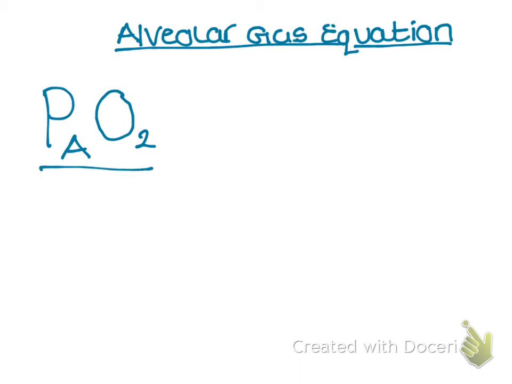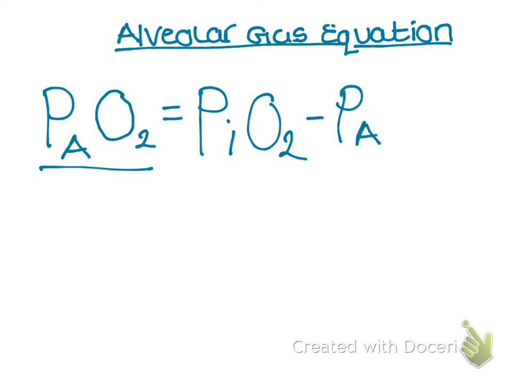Now this represents the partial pressure of oxygen in the alveoli, and it's calculated using PiO2, which is the inspired oxygen partial pressure, minus PaCO2. The capital A is for alveoli, so this is the partial pressure of carbon dioxide in the alveoli, over R. Now R is the respiratory quotient.